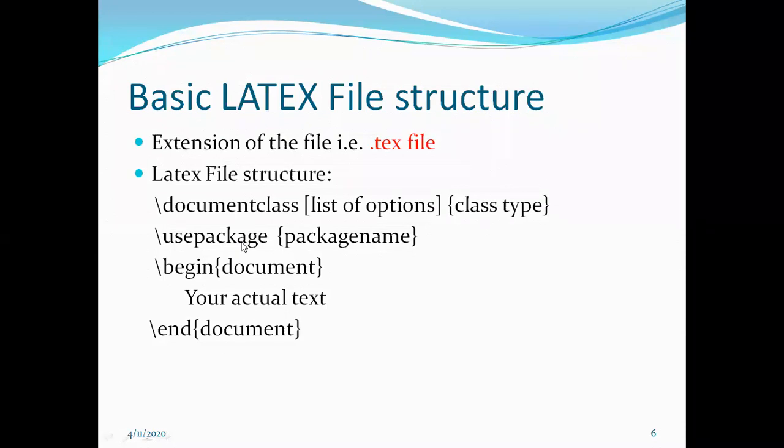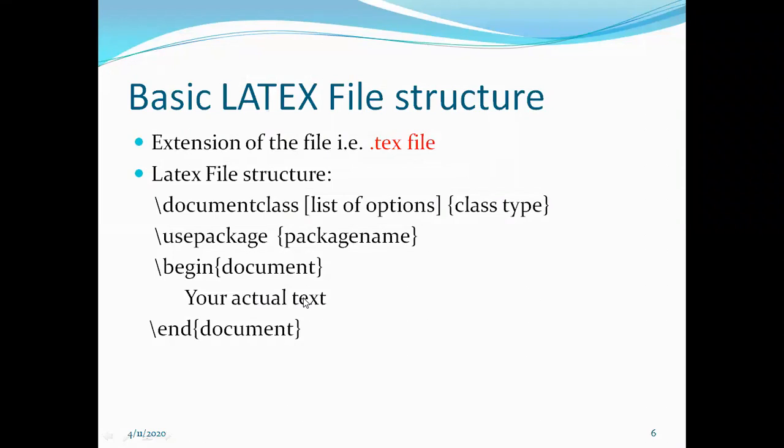Just like Java has many packages like the IO package and the image package, similarly LaTeX has packages like mathematical packages and graphics packages. Then slash begin document, right? Your actual text in the document. Whatever content you are typing, you should type there.